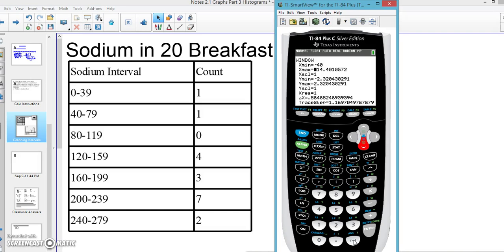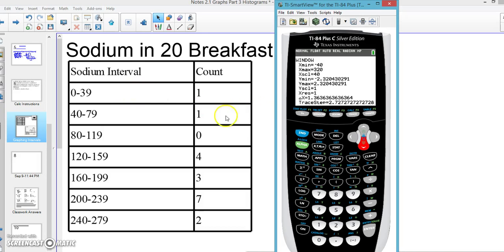Notice I'm going a whole bar over beyond it. Since I started at 0, I'm going to start my window at negative 40, and I am ending it about 280, so I'm going to end my X max at 320. I'm going to have the X scale go by 40s, since that's what the intervals are listed as.